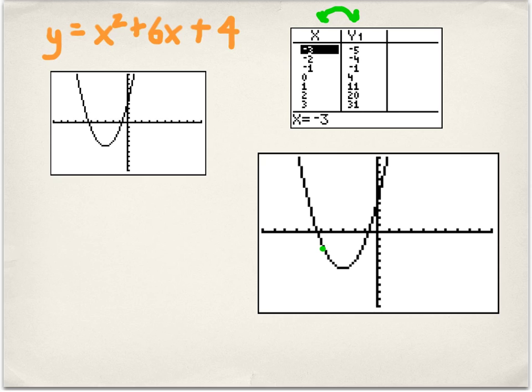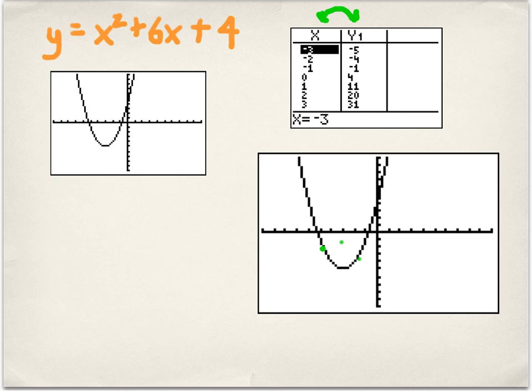And then I'd have -2, -4, which would be about here. And -1, -1. Excuse me, I'm getting a little mixed up here.